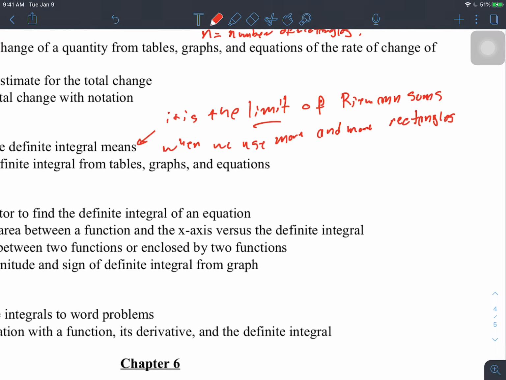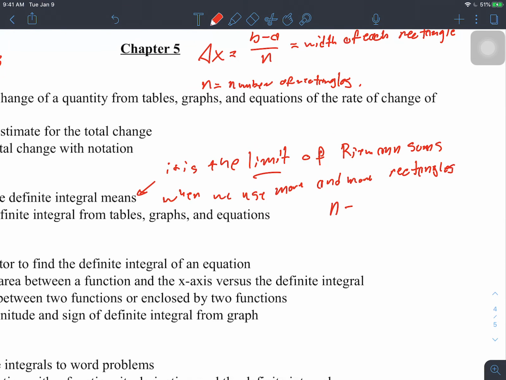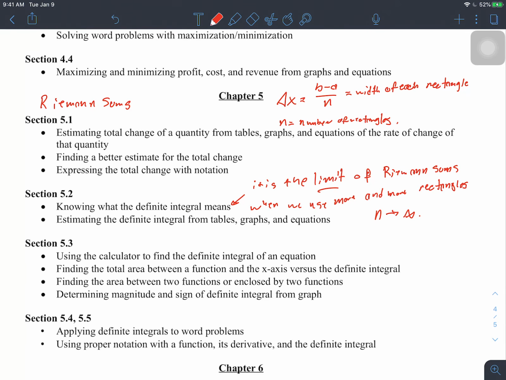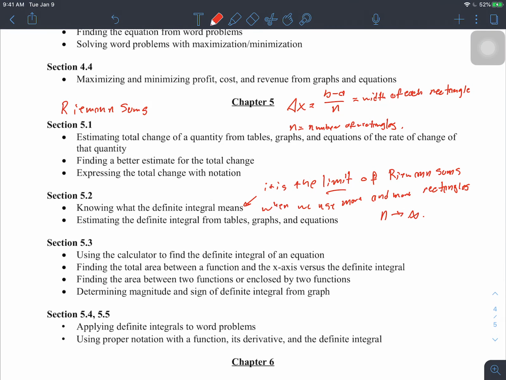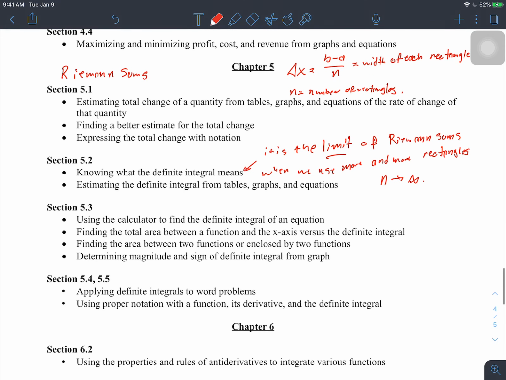The mathematical way we write that down is we say n is going to infinity. The number of rectangles is going to infinity. Okay, so that's what the definite integral means.